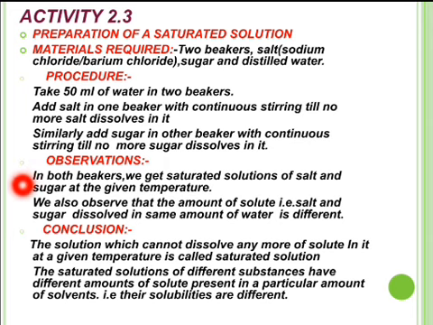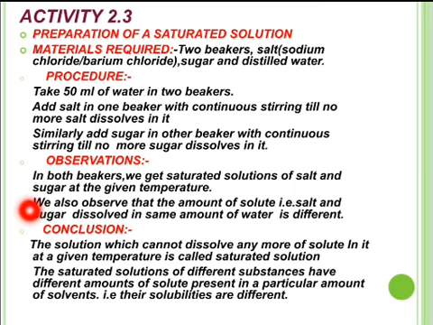What do we observe? We observe that in both beakers we get saturated solution of salt and sugar at the given temperature. We also observe that the amount of solute, that is salt and sugar, dissolved in the same amount of water is different.